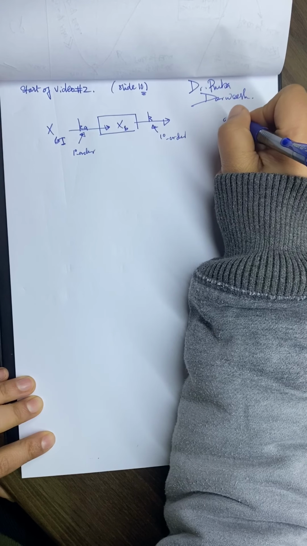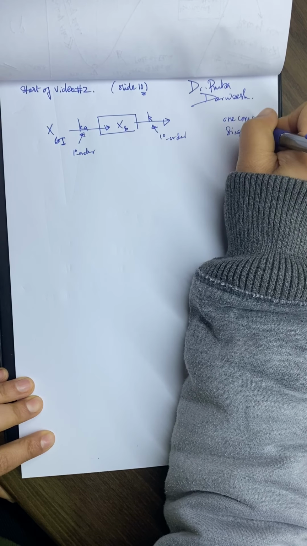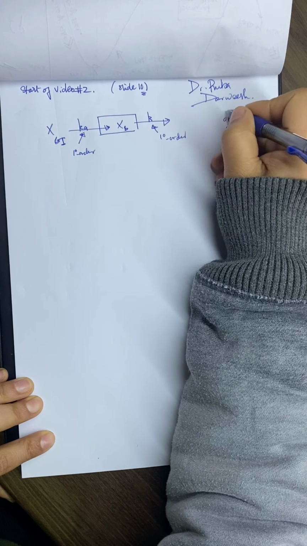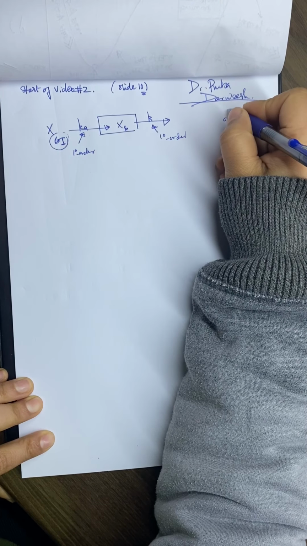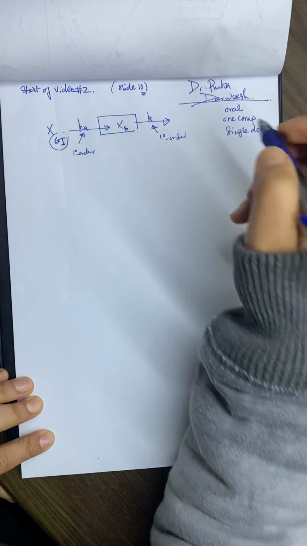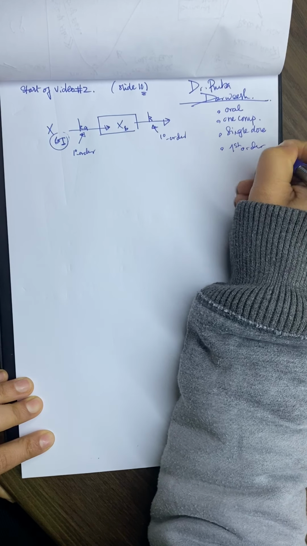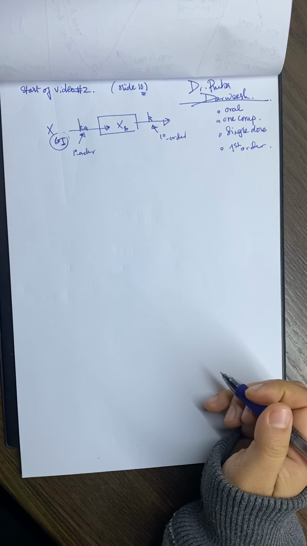Again, we are still talking about a one compartment model, single dose, and this, as we are saying, is extravascular, GI, so it's oral single dose and first order kinetics. Okay, so those are the definitions of all the symbols.